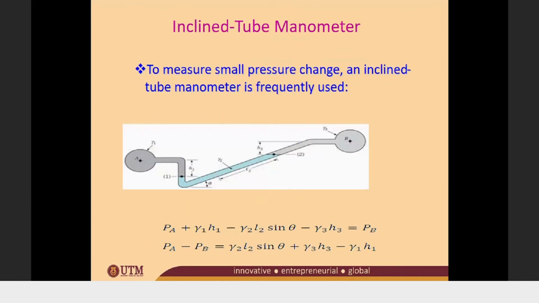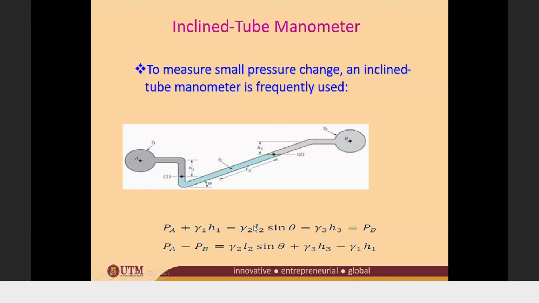Now this is the inclined tube manometer. There's an angle here. So the same concept: PA, go down. But we are not measuring the length, we are measuring the vertical height. So this height is L2 sin theta.